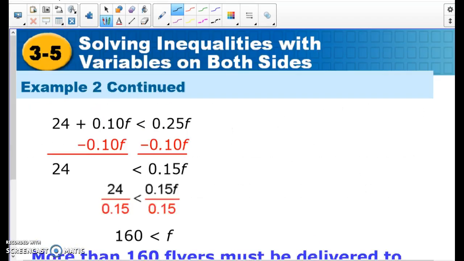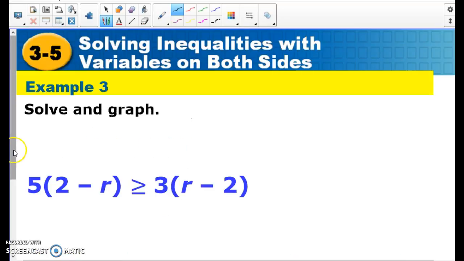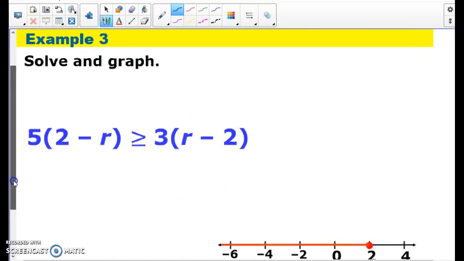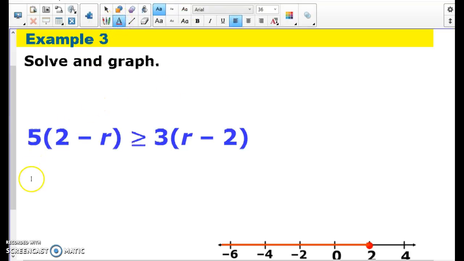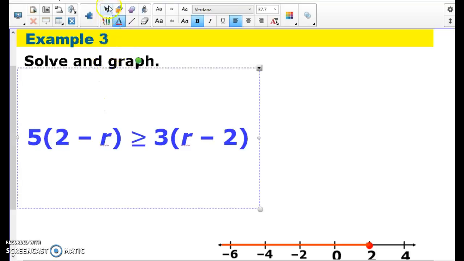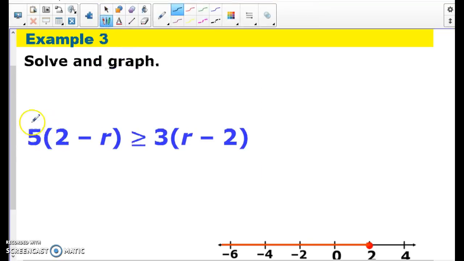Something that did change is, remember that negative rule, where if I have a negative as my coefficient, I'm going to end up needing to flip the sign. Like this one, I'm going to need to flip the sign. So after I distribute, remember, I distribute to both.